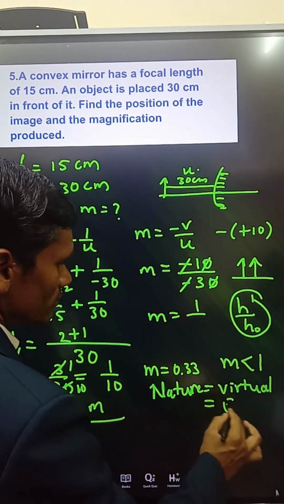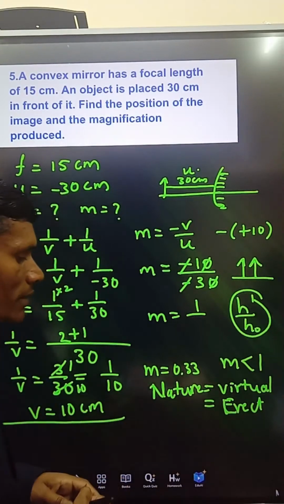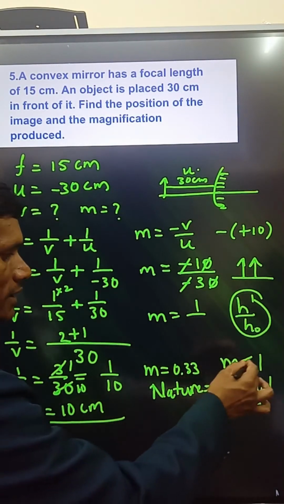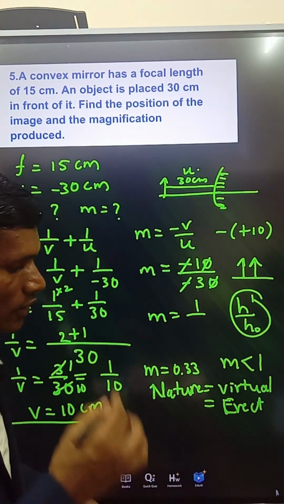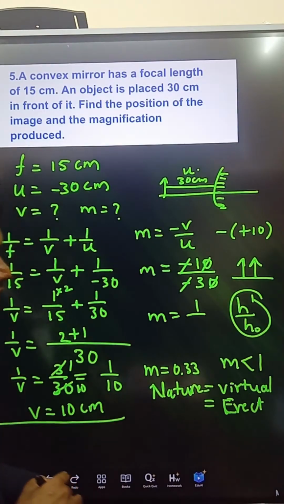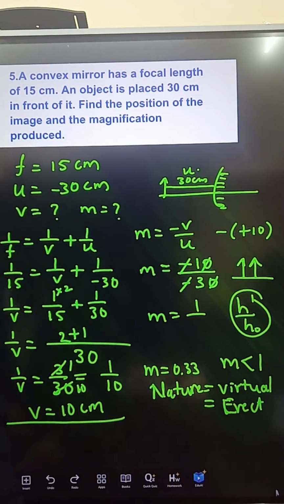Next, the image is erect. And whether it is smaller or bigger, here magnification is coming less than 1. Means what? It is smaller than the object size, remember. So the image is smaller. This is how we can decide.